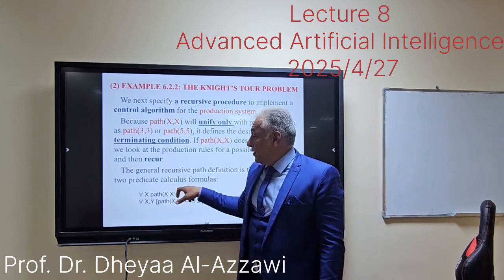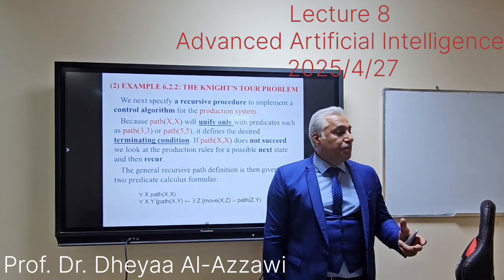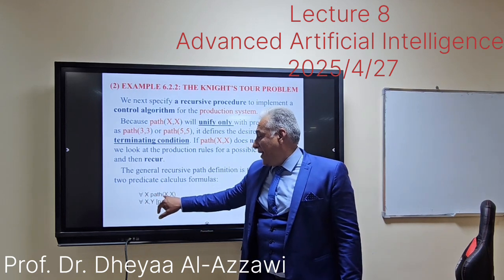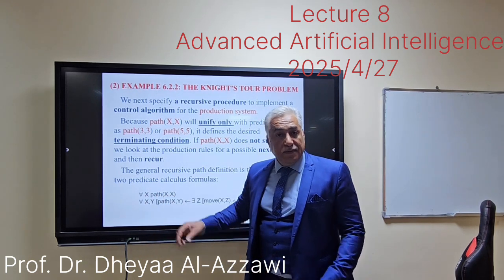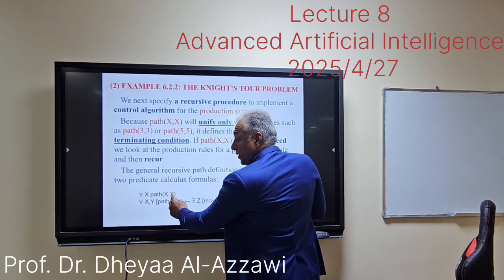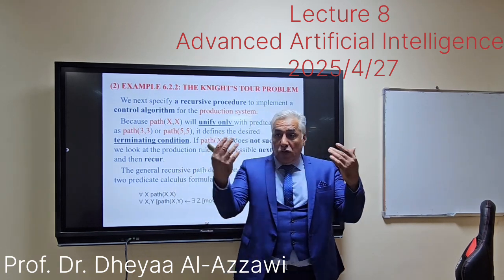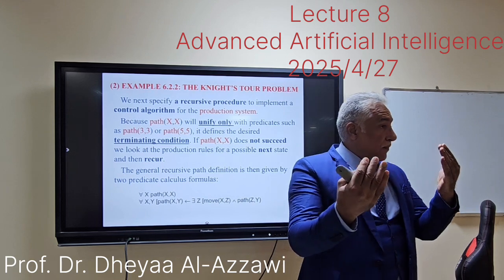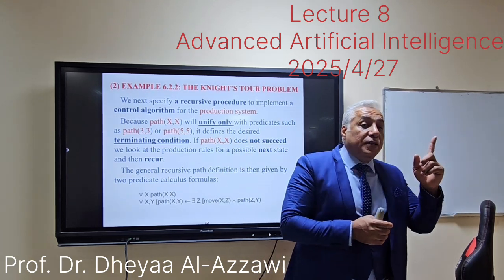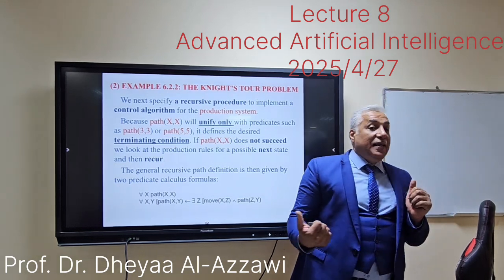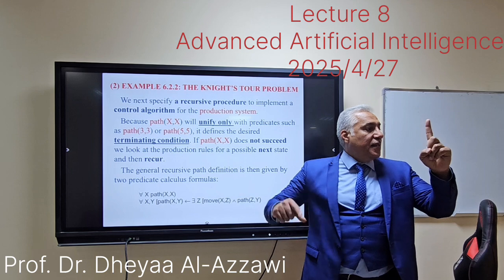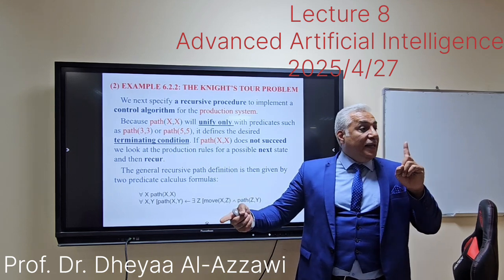The first part is called the facts or axioms. For example, for all X, path X X. This fact will be true when X equals X, that means the two arguments are the same. For example, when we want to move from location 1 to location 9, the first argument is 1 and the second argument is 9.